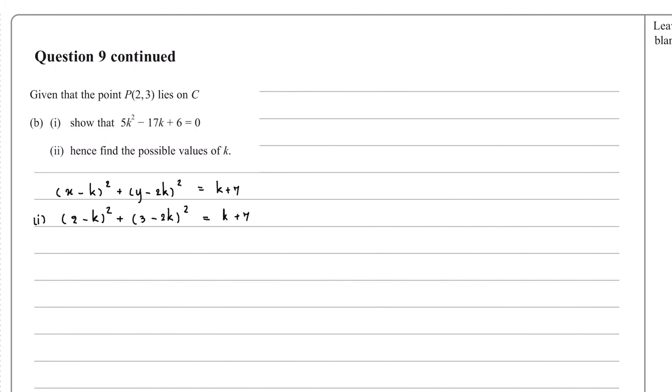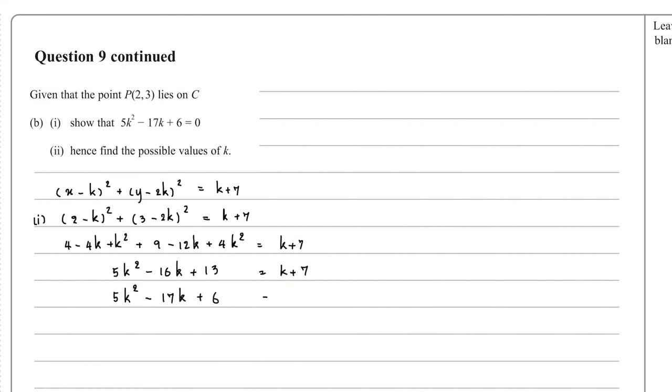This part will be 4 minus 4k plus k squared plus 9 minus 12k plus 4k squared equals k plus 7. And then we can collect like terms here. So it will be 5k squared minus 16k plus 13, which is k plus 7, and then we move these two terms to the left-hand side. It will be 5k squared minus 17k plus 6 equals 0.